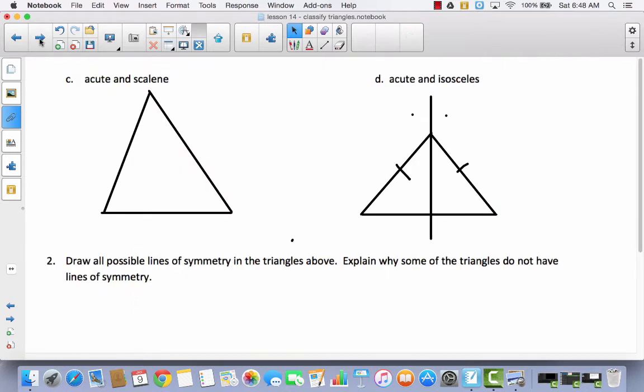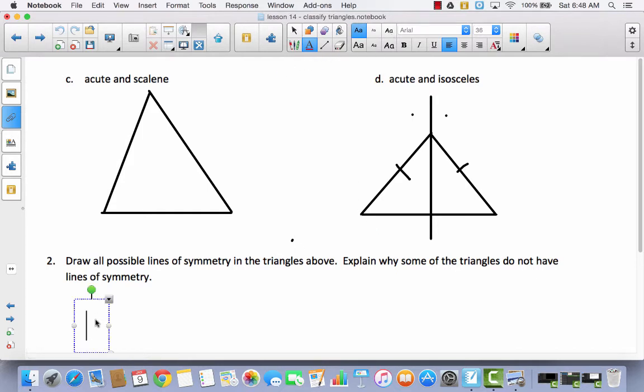Okay, so let's think about how we're going to answer this question. It says, explain why some triangles do not have lines of symmetry. Well, our triangles that did not have lines of symmetry were scalene, right? And the scalene triangles have 0 equal sides. So that has to do with why they don't have symmetry. Let's put that in a nice sentence.